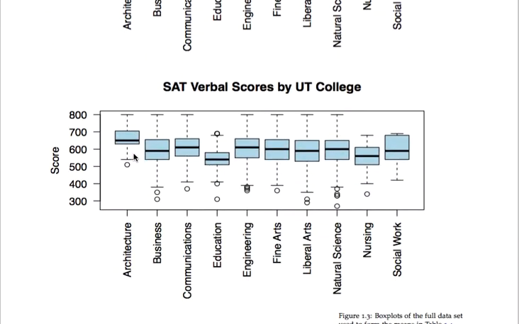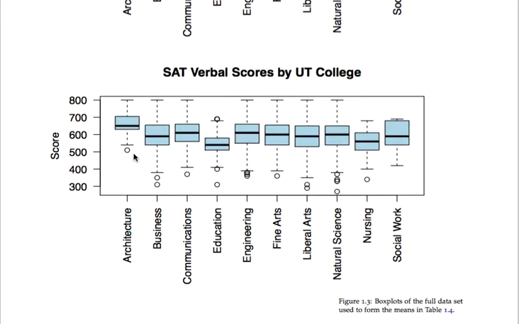Here's another set of box plots that are showing SAT verbal scores by college. And just eyeballing this, if you had to say whether between group variation or within group variation was bigger, you would probably say that within group variation is bigger. So the deviation between typical colleges here is probably on the order of 40 or 50 points. The differences between the average members of an individual college.